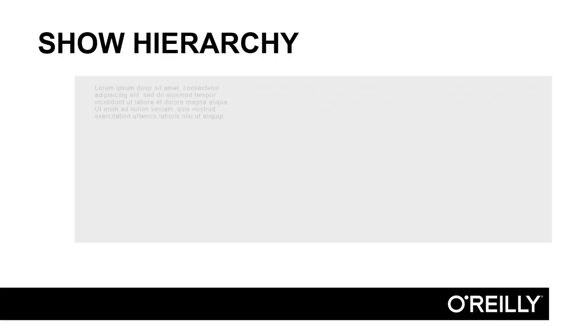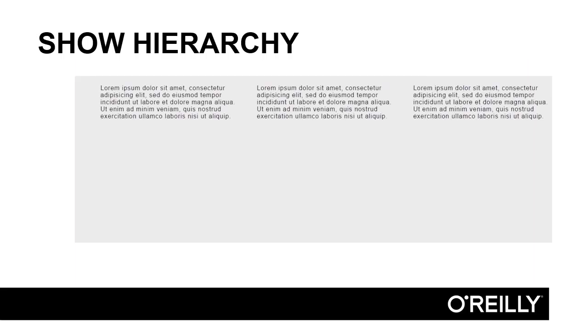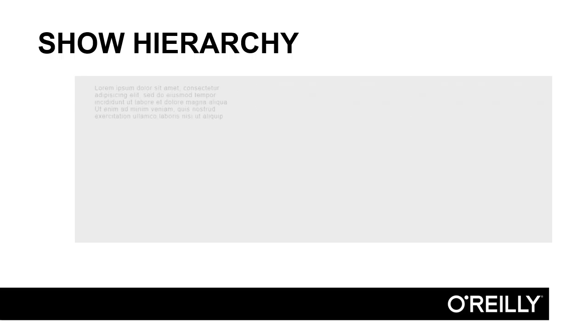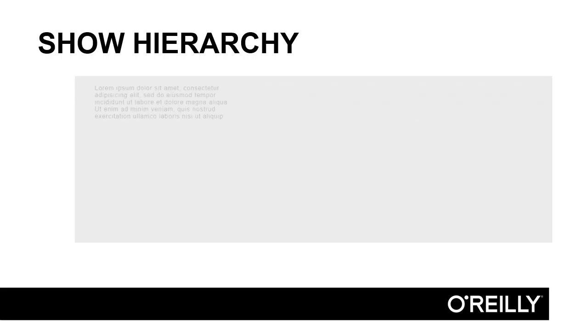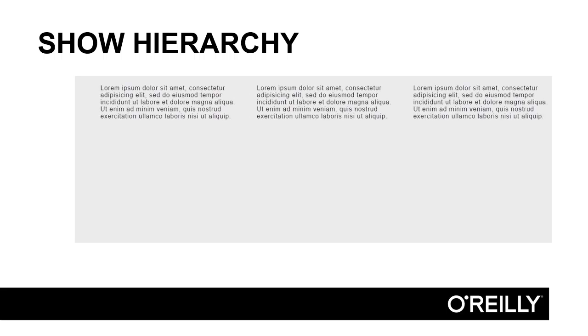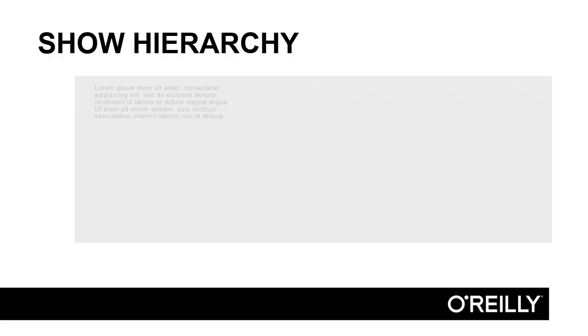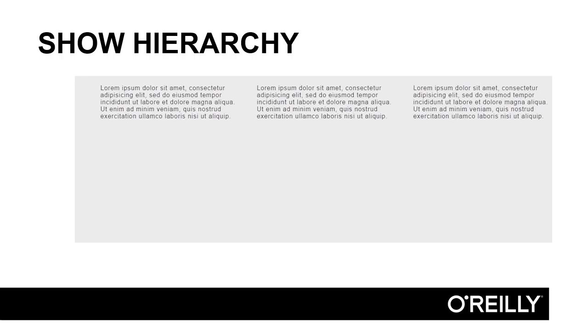The other advantage of using UI animation is the ability to show hierarchy, or in other words, show which parts of the application the user needs to focus first. Now, this is an example that was given from the framework Velocity.js, and it shows how easy it is to ease the user's attention through the application.